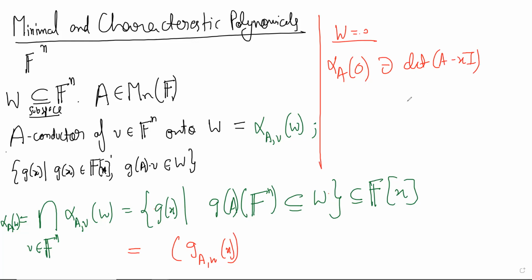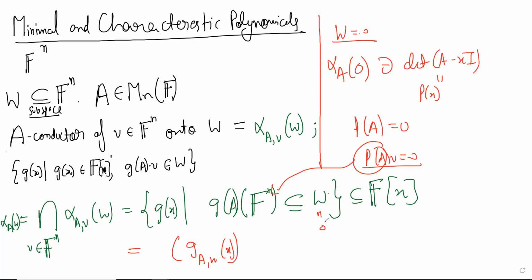Correct? Because the characteristic polynomial, if you call it p(x), then you know that p(A) is 0. So you know that p(A) for any vector is 0. And so p(A) is precisely in this when w is 0. Is it correct?